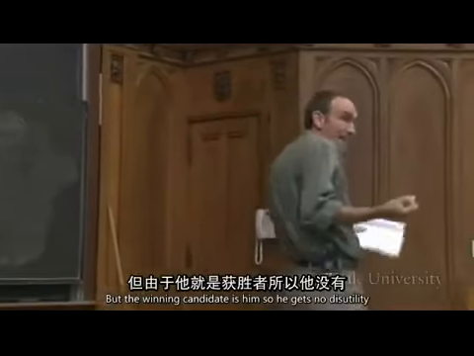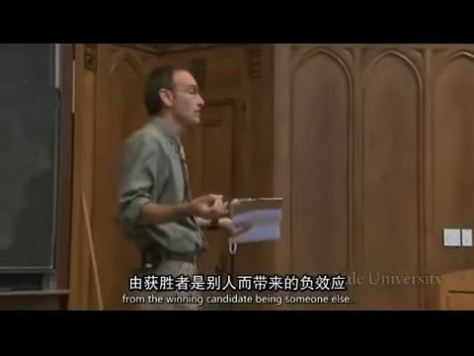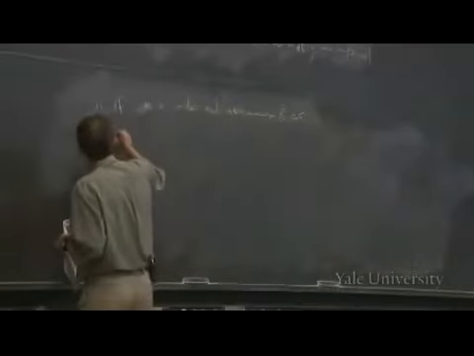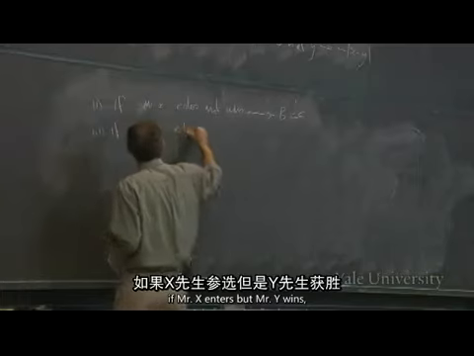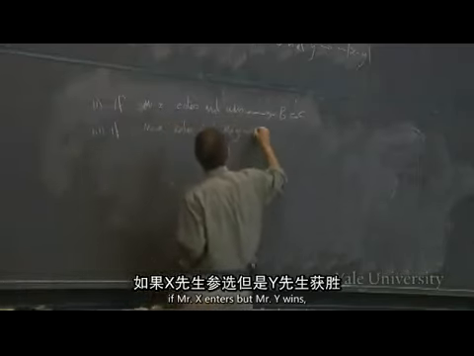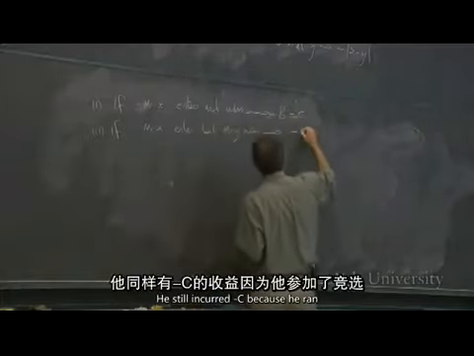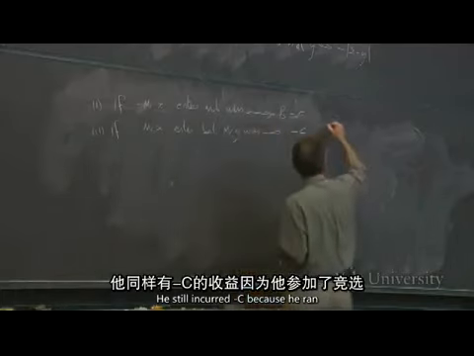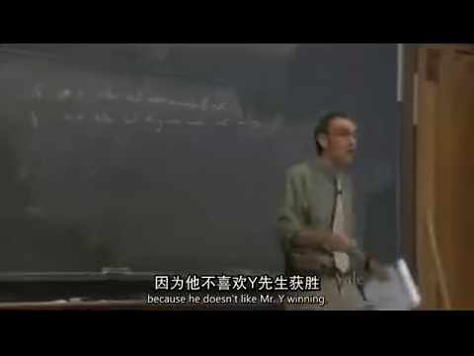But the winning candidate is him, so he gets no disutility from the winning candidate being someone else. Second possibility, if Mr. X enters but Mr. Y wins, then X's payoff is what? He still incurred minus C because he ran, and he also has a cost of minus the absolute value of x minus y because he doesn't like Mr. Y winning.